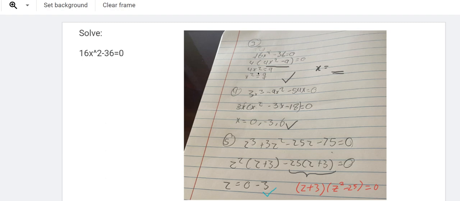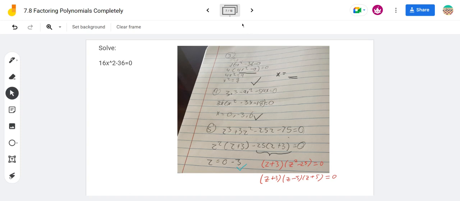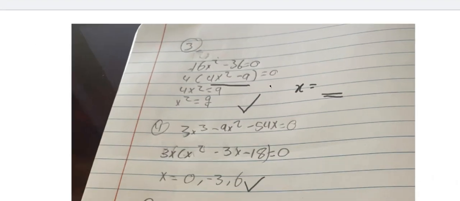Okay, so for question number 3, what you have done on the paper is correct, but the final answer, the x, you should write it out. So if x squared is equal to 9 over 4, what is x?